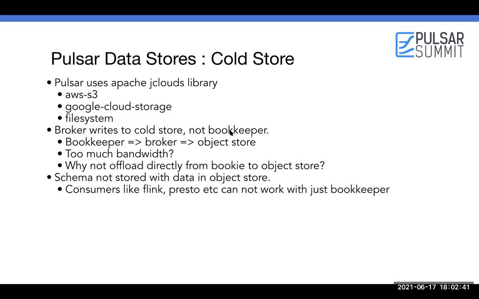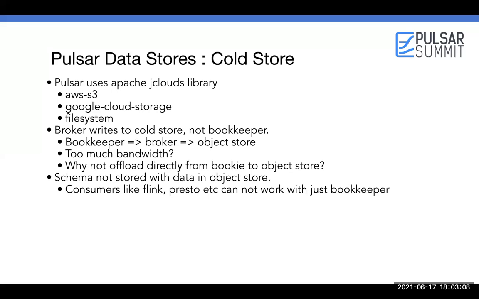For cold store, the JClouds library is what Pulsar uses. And via that library, it has support for storing your cold data on either AWS S3, or you can put it on Google Cloud Storage, or you can use a distributed file system like Hadoop or something.